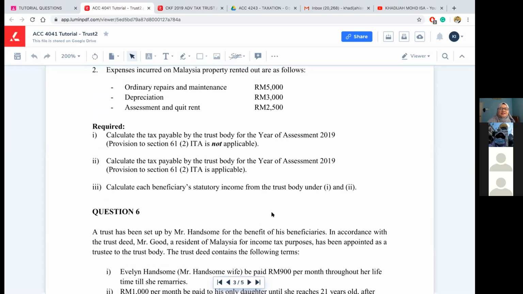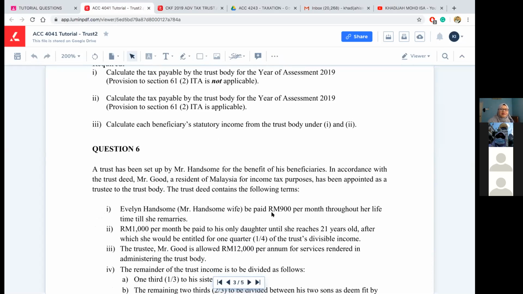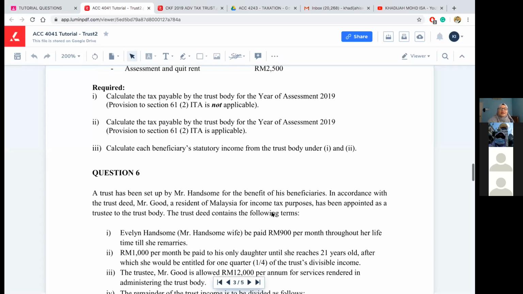Is tax at the trust level or the beneficiary level? Trust level. And if 61.2 is applicable, it means that it's at the beneficiary level. Calculate beneficiary statutory income for both number 1 and number 2. So what is the statutory income of the beneficiary under 61.2 and under not 61.2?